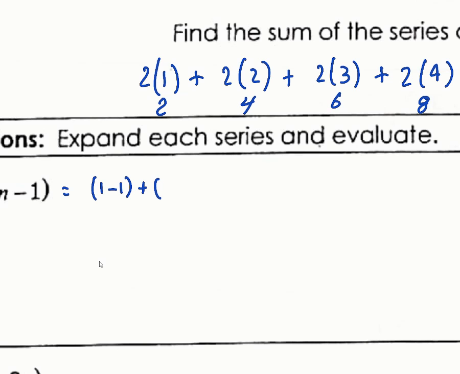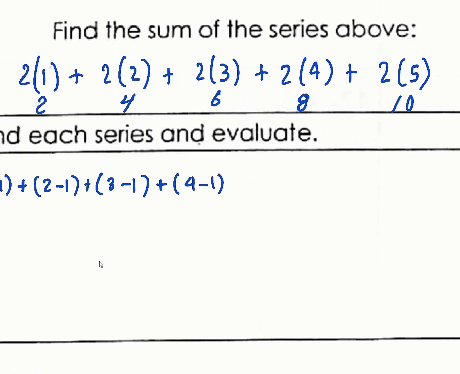Plus, how would I find the second term? 2 minus 1. Plus, the third term? 3 minus 1. Plus, the fourth term? 4 minus 1. Plus, the fifth term? 5 minus 1. Sixth term? 6 minus 1. Seventh term? 7 minus 1.